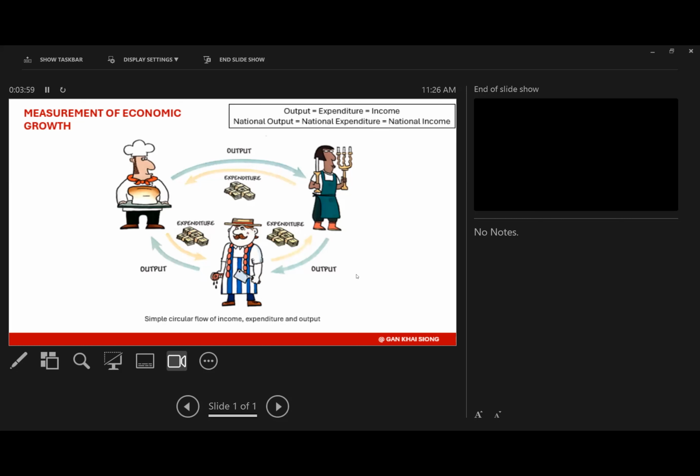You can understand from this simple diagram: whatever I produce, I sell to you. When you give me money, it becomes my income. So the output equals your expenditure and my income. It's the same, theoretically speaking. So this is just an introduction for you.